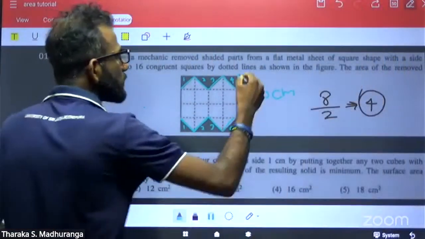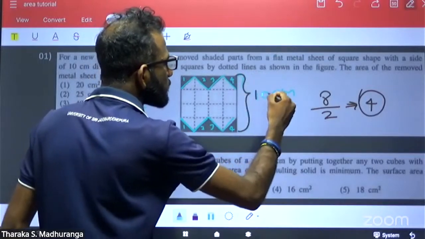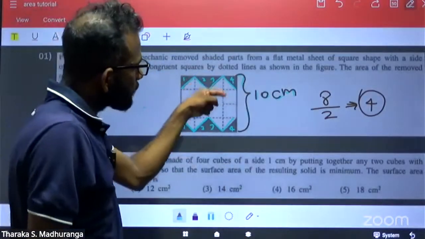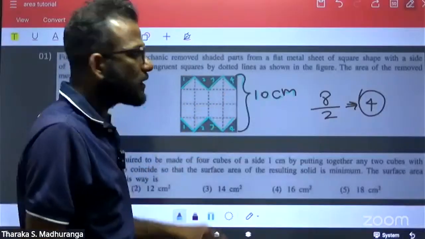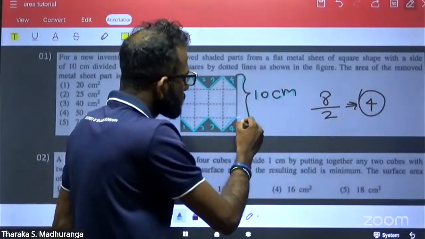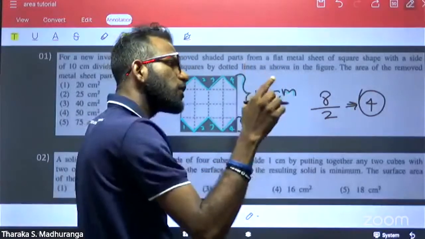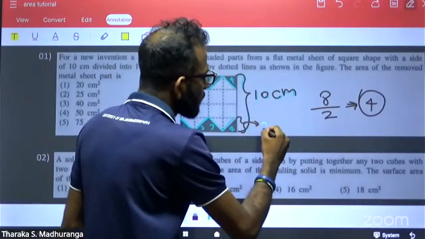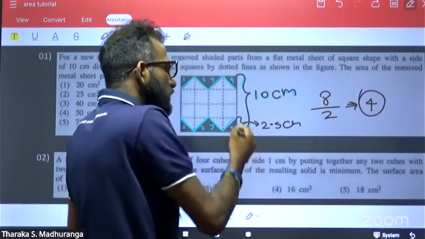First of all, it is given that one side length is 10 centimeter. It is divided into 4 equal segments, right? Then one part is 10 divided by 4. 10 divided by 2 is 5, 5 divided by 2 again is 2.5 centimeter.